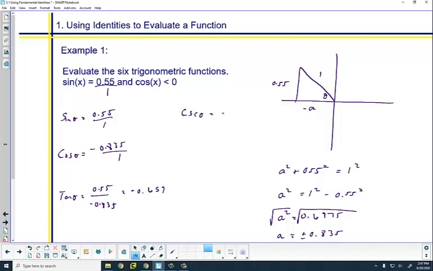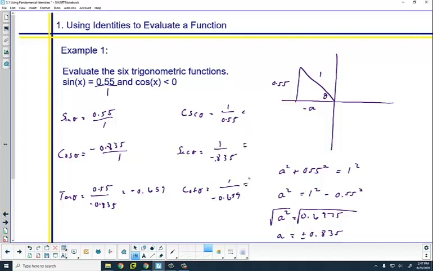Cosecant theta is, let's see, 1 over 0.55. Secant theta is 1 over negative 0.835. And cotangent is 1 over negative 0.659. I'll go ahead and calculate those real quick.